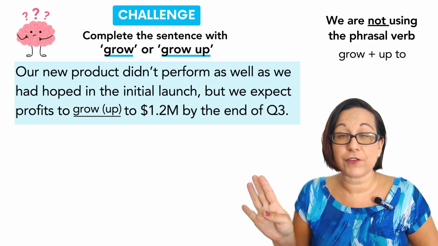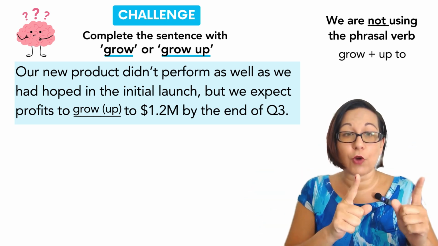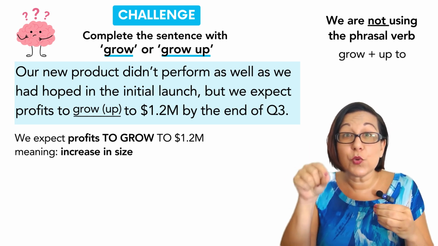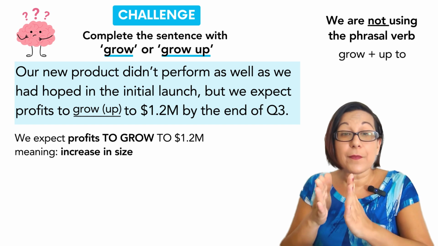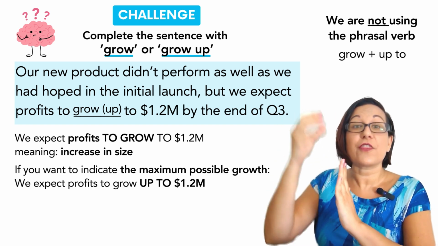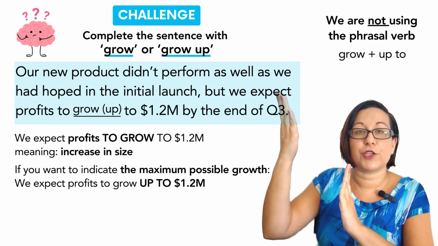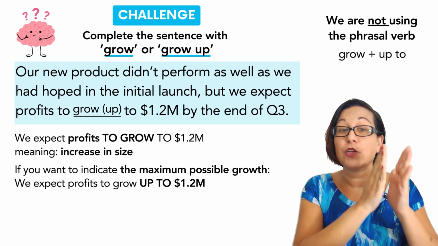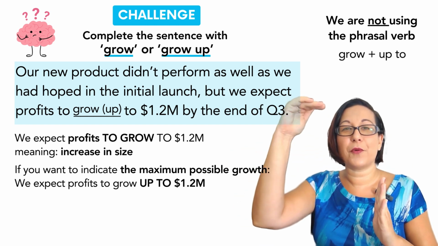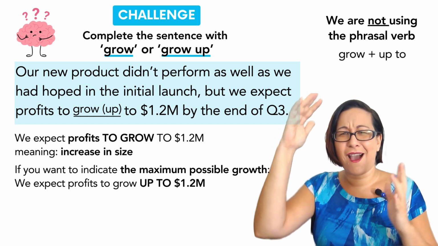It's not the phrasal verb grow up, it is the verb grow. But it's tricky because we are still using up. Up means this is the maximum point that we expect it to grow to. So we expect profits to grow up to 1.2 million.